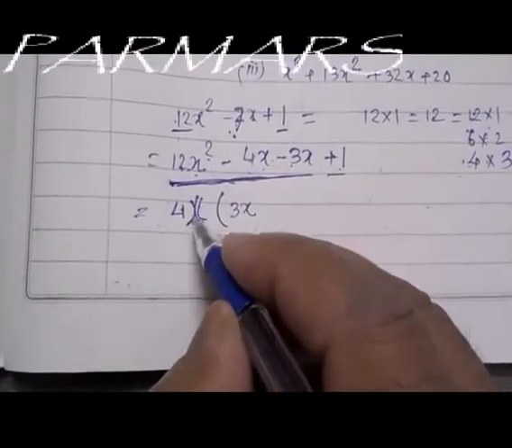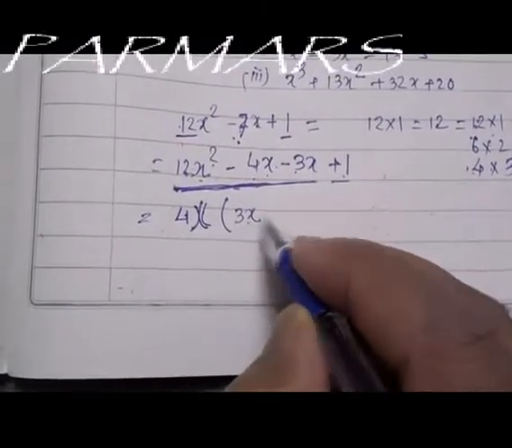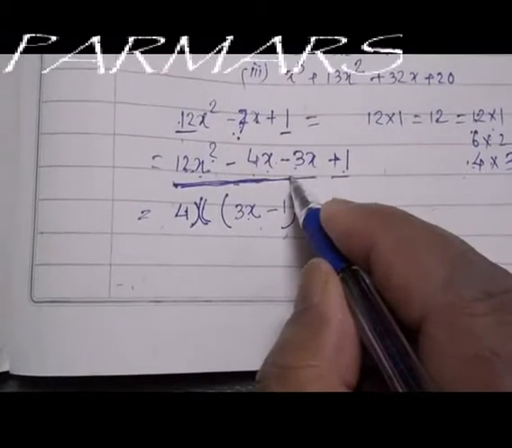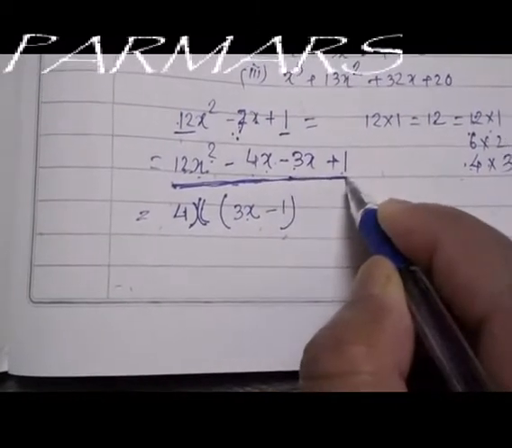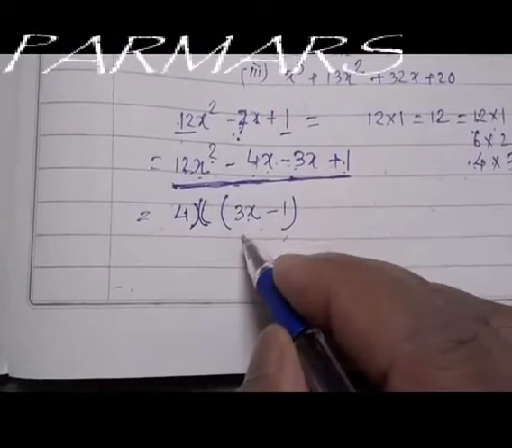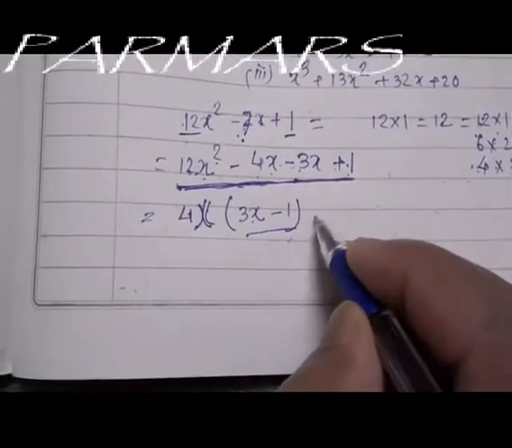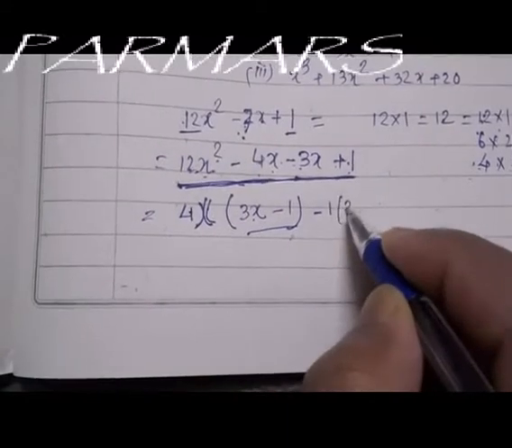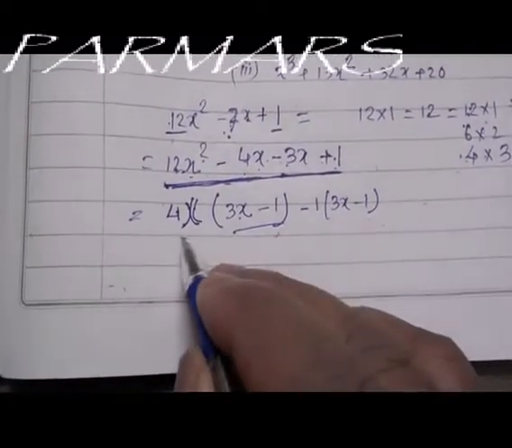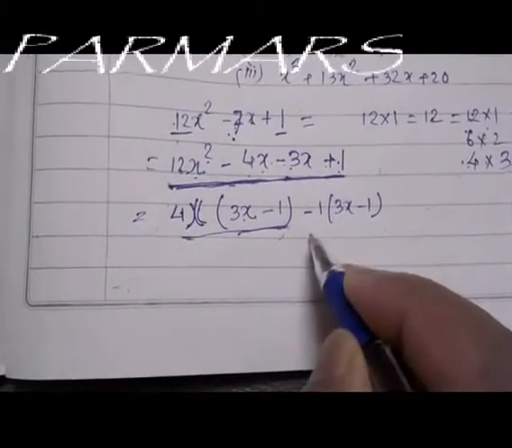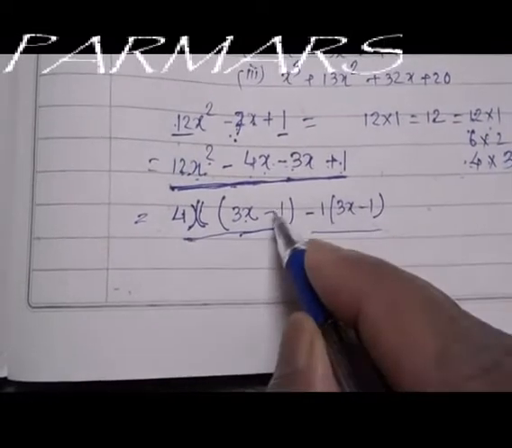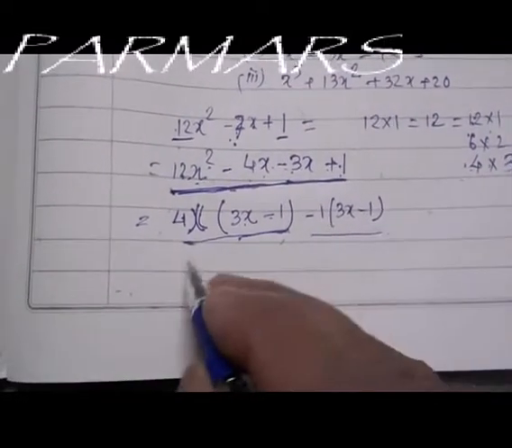Here, 3x. We divide 12x square by 4x, 3x remains, minus 1. And the next two, minus 3x plus 1. Here our factor is 3x minus 1, so we just take minus 1, 3x minus 1. Please remember, keep it in mind that in these two factors, the factor in bracket must be the same: 3x minus 1.